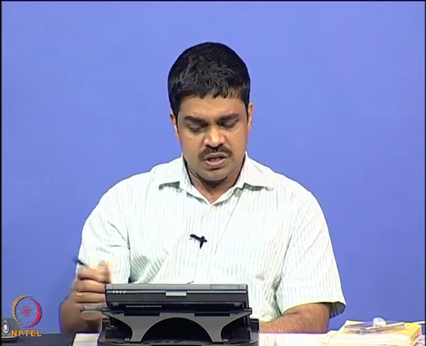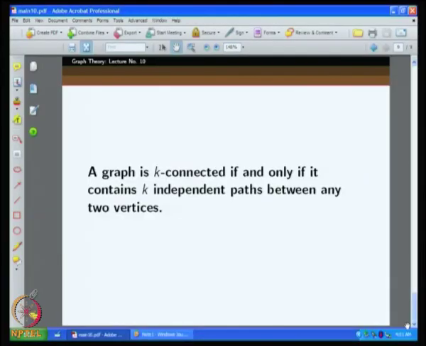That is what Menger's theorem says. So now we will go back to our proof. All these consequences are more or less immediate, though when we are explaining it looks a little dull, and they are not very difficult to prove. Even if you have missed some of the points here, you can easily figure it out yourself.